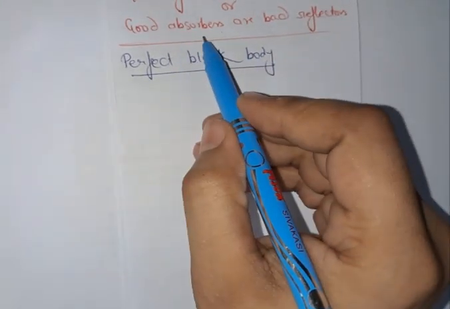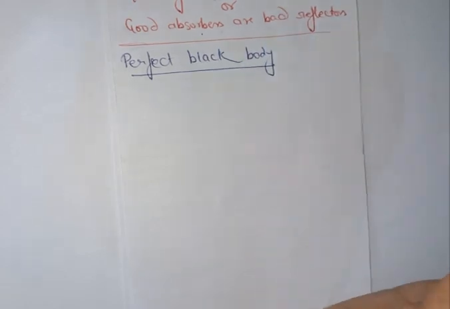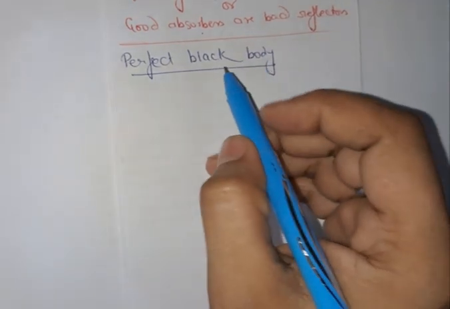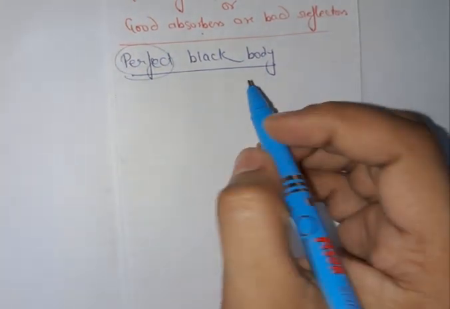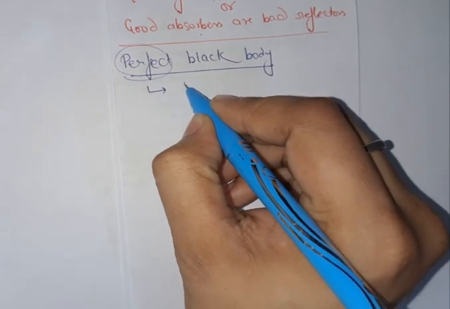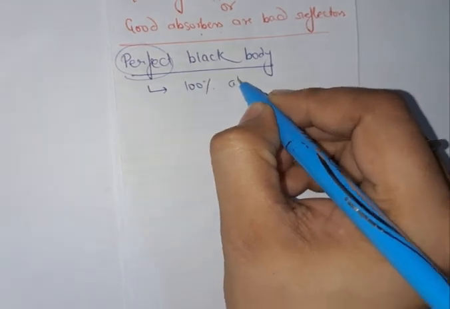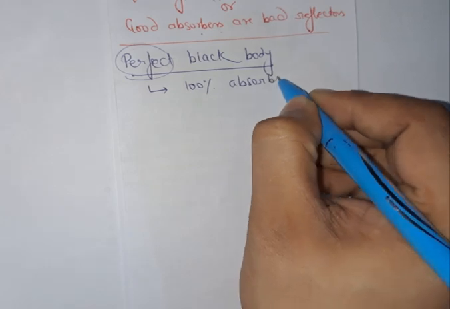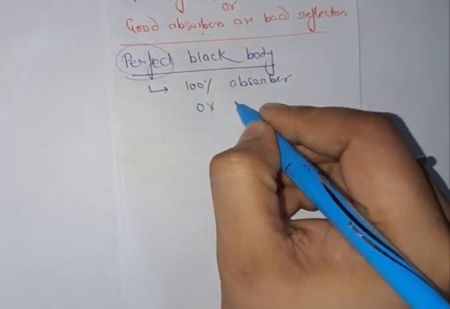So as we have discussed, black bodies are good absorbers but bad reflectors. If we are talking about perfection, that means it is 100% absorber and 0% reflector.